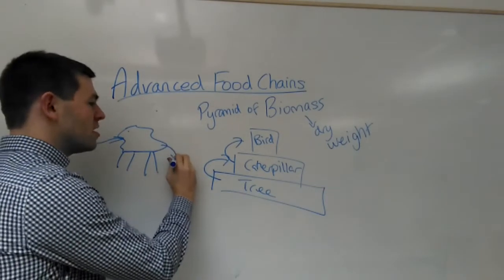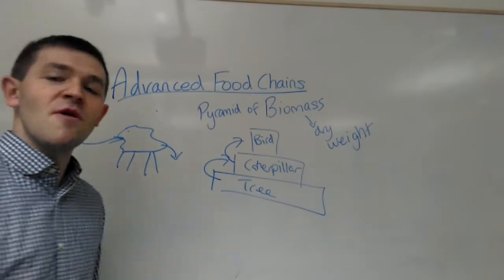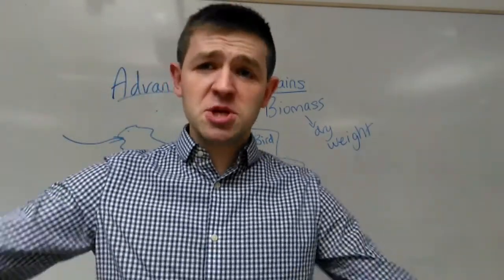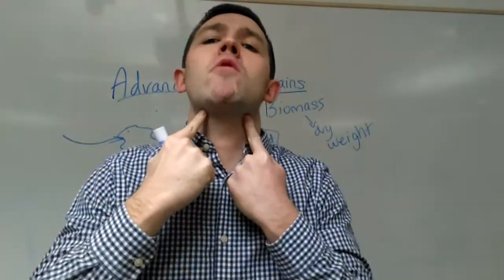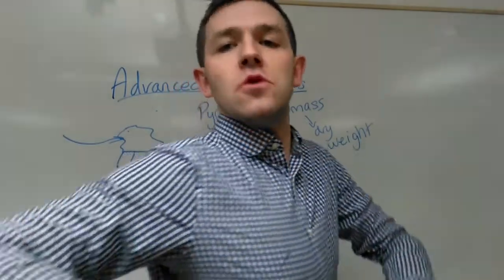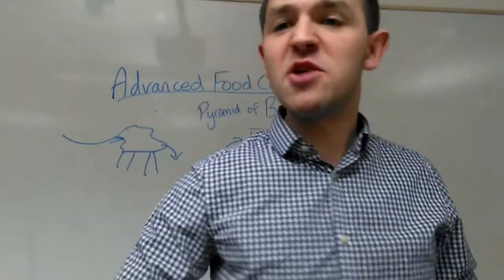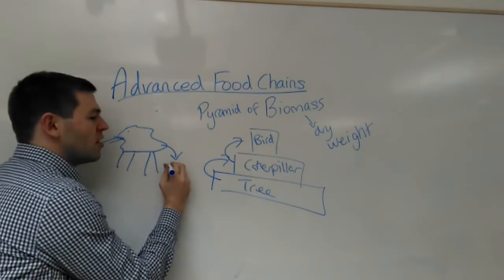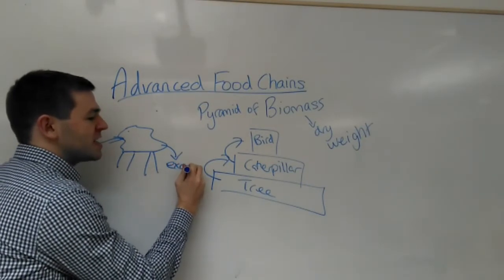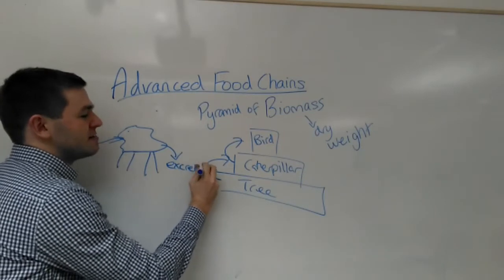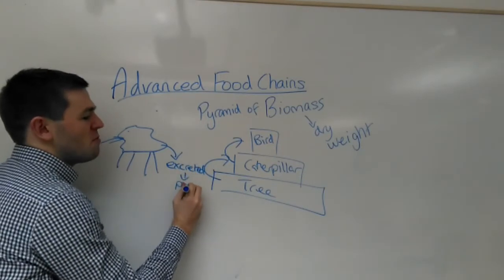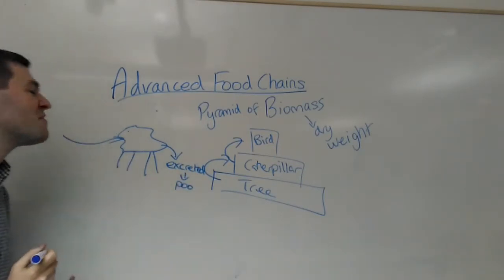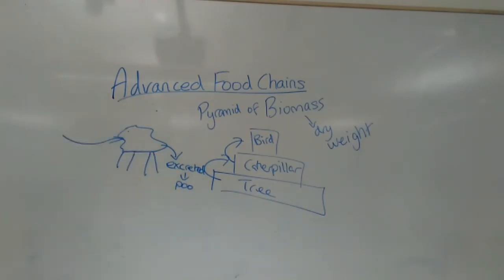Some of that food comes out the other end. Think about it. The food you eat, some of it goes in, and then out the other end. I'd say about, well, quite a lot. Some of that is what we say is excreted, or you could just say poo. Some of it is waste we don't want.